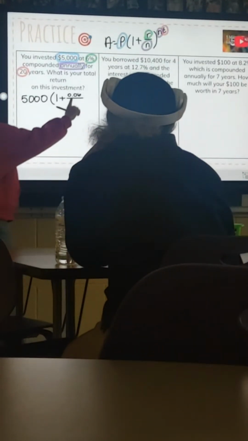Annually goes in place of the N. There are 2 N's. We're mostly practicing the setup part, but I'm plugging in N as annually. So in my denominator, the bottom part, I have the number 1. And in my exponent, I have 1, which is N times 20, which Angel says is the time.